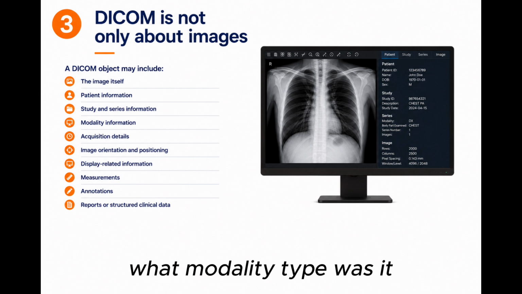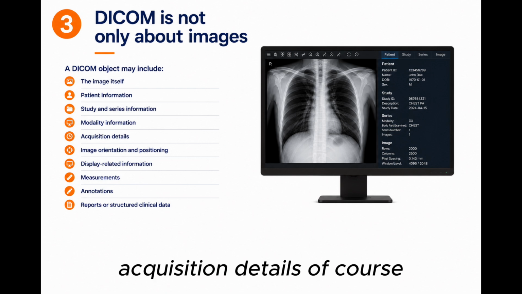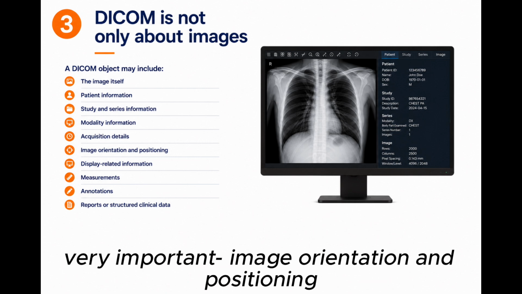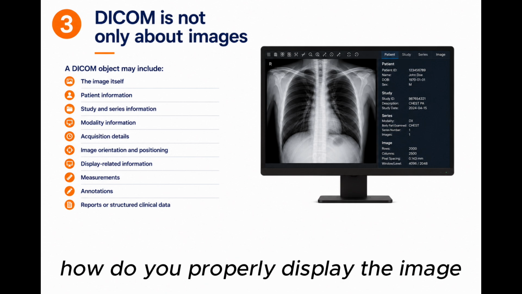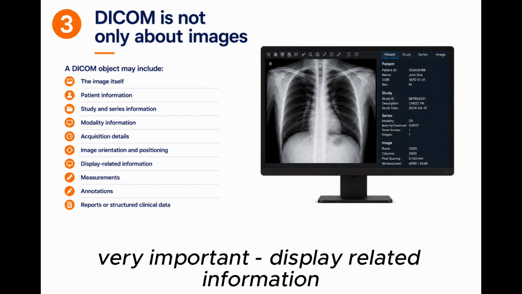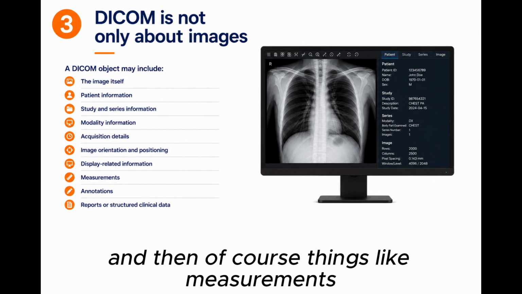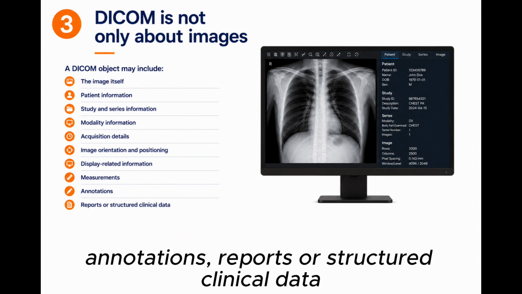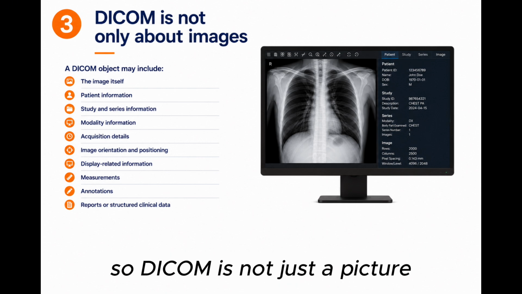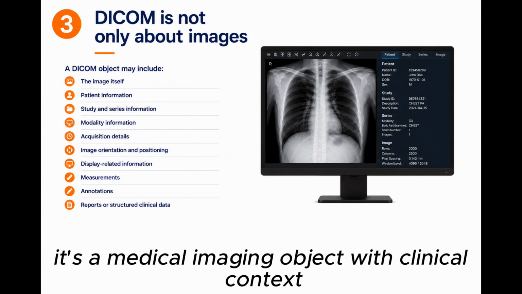What modality type was it? Acquisition details, of course. Very important. Image orientation and positioning. How do you properly display the image? Very important. Display-related information, and then, of course, things like measurements, annotations, reports, or structured clinical data. So DICOM is not just a picture. It's a medical imaging object with clinical context.